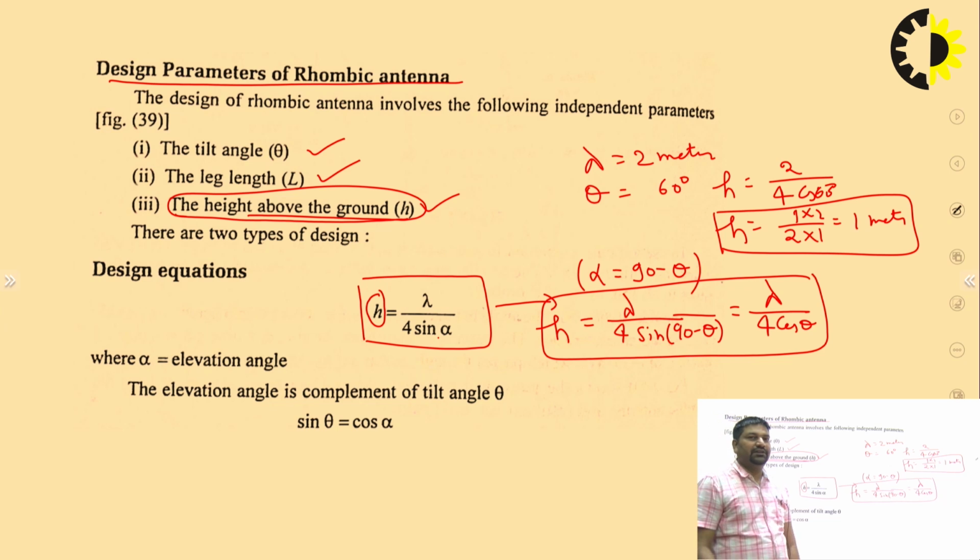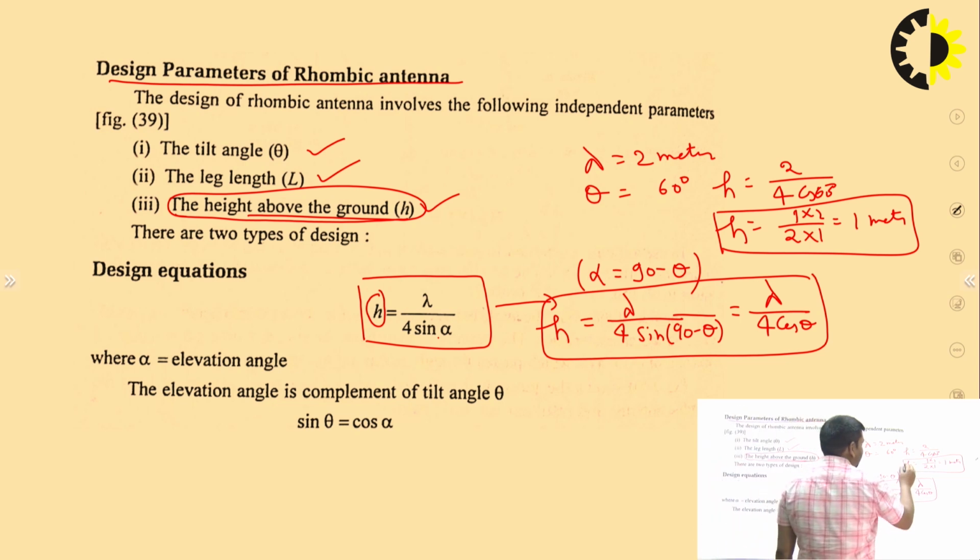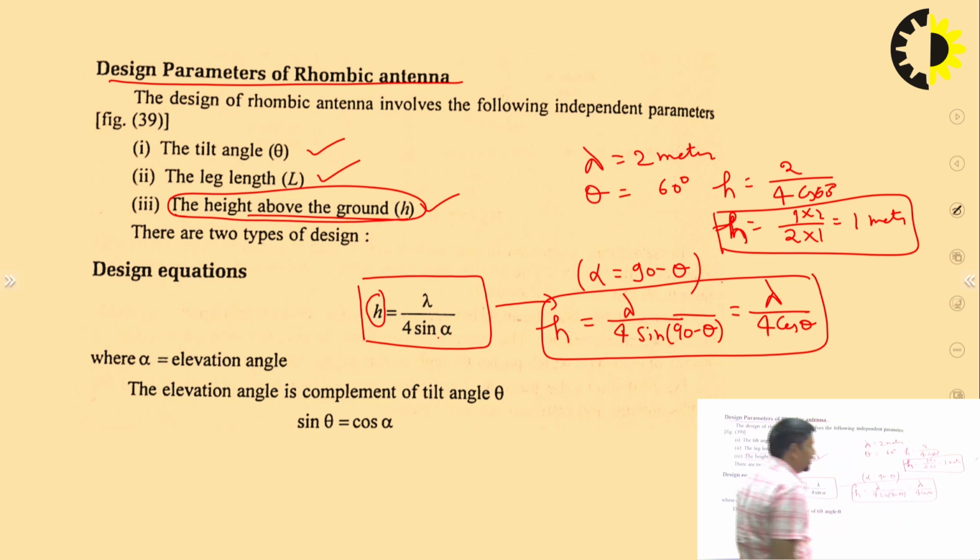If we transmit a signal with a wavelength of 2 meters and a tilt angle of 60 degrees, the height above the earth of that rhombic antenna is 1 meter.